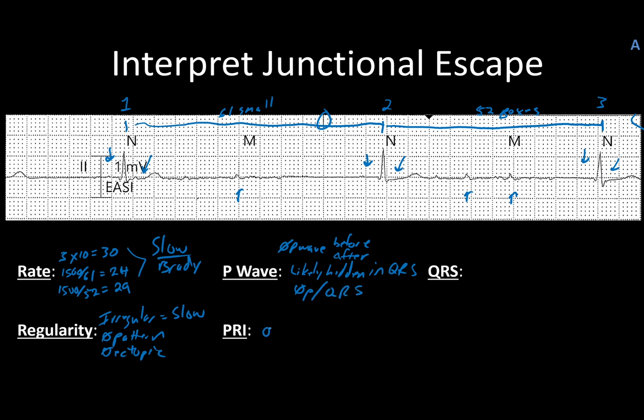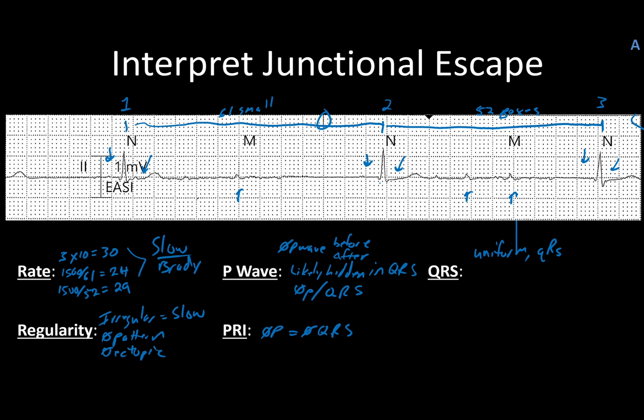Well, if there's no P's, equals no QRS. So speaking of QRSs, what do we have? Well, the QRSs are uniform. They have a QRS pattern. And I'm going to go ahead and measure these out.